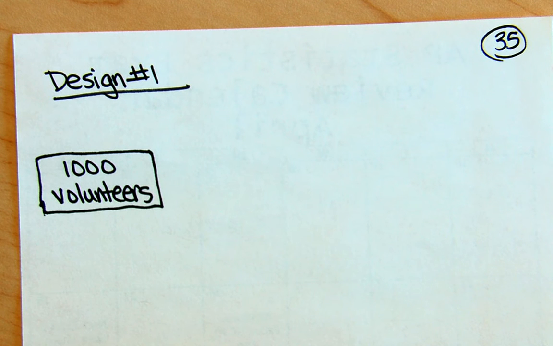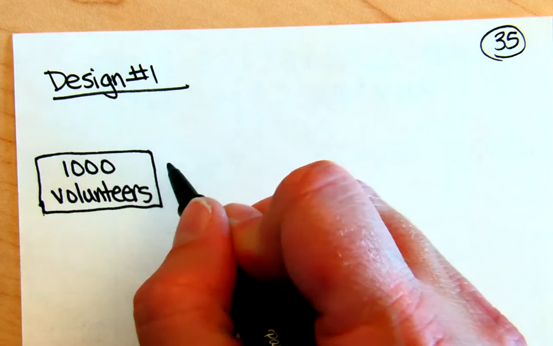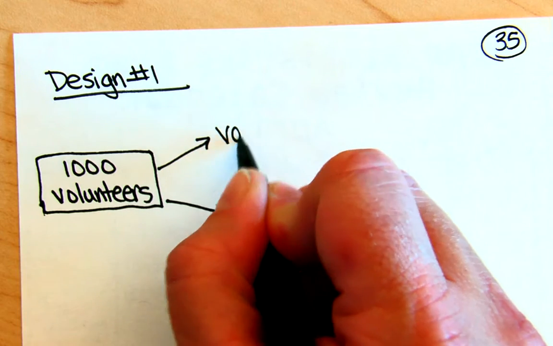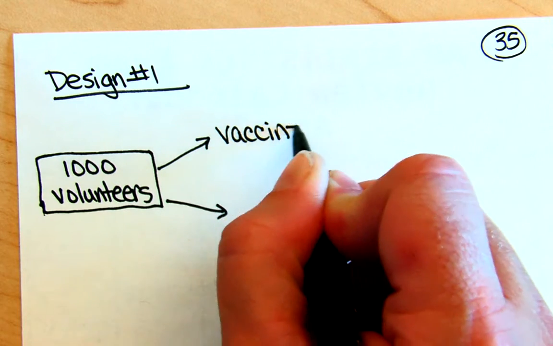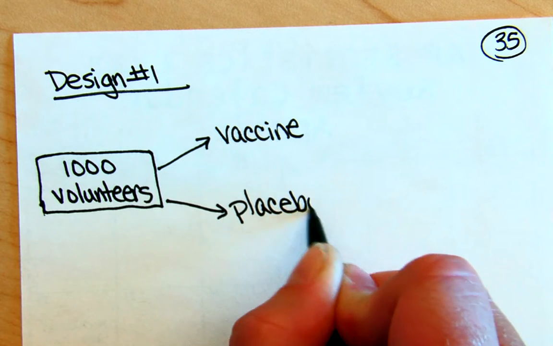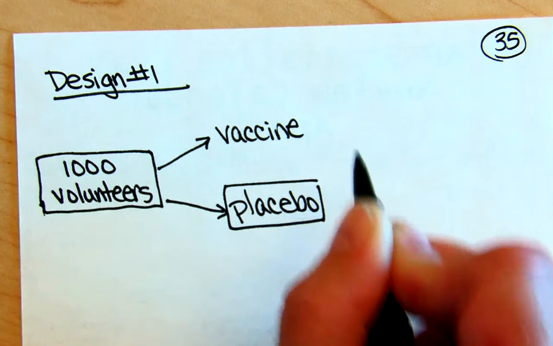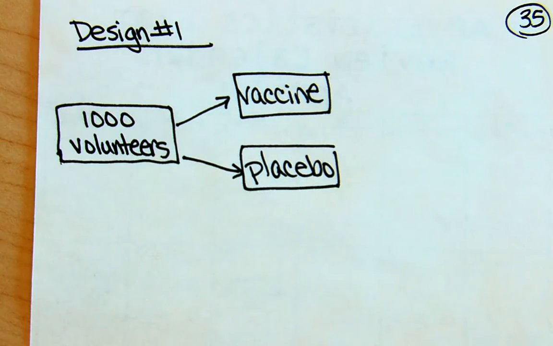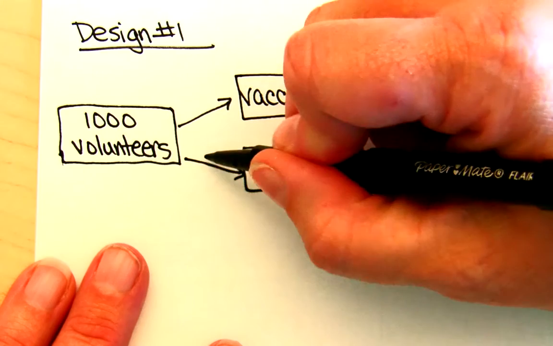And it says they put all 1,000 names in a really large hat. They stir it up well, and then they draw 500 names for the vaccine group, and the remaining 500 get the placebo. So these get assigned to either the vaccine or the placebo. So those are our treatments. That's what goes in there. And this was our randomization.